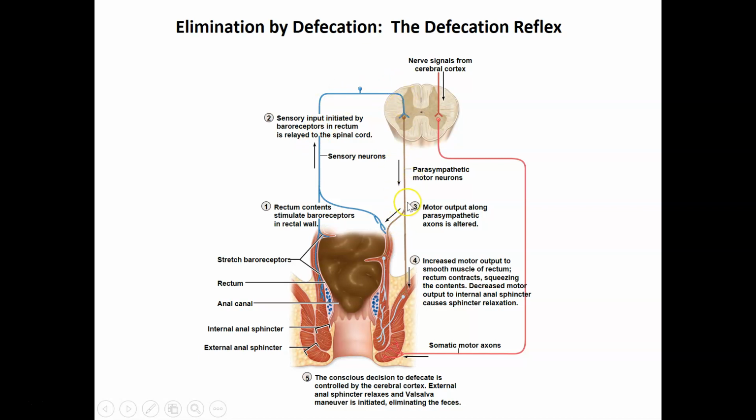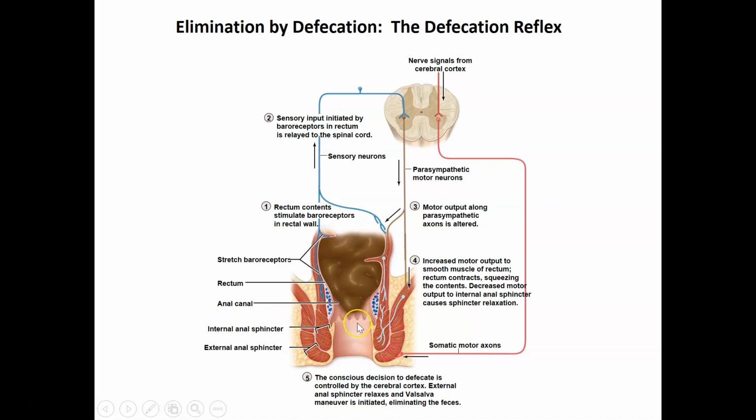The motor neurons are going to do two things. One is causing the wall of the rectum to contract, and that's going to help to force feces out. The other is causing the internal sphincter to relax, allowing feces to move into the anal canal.